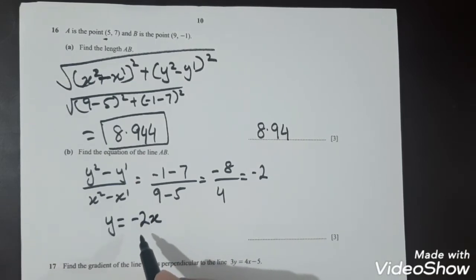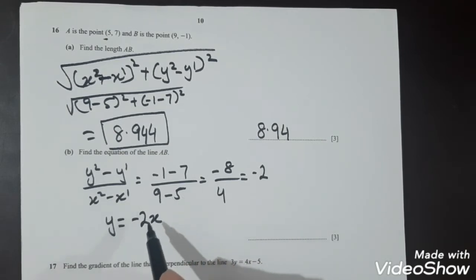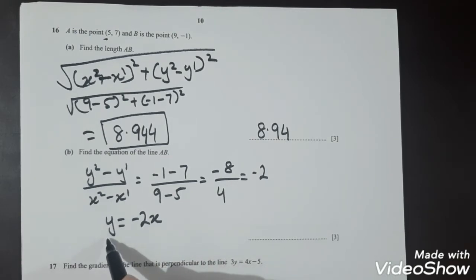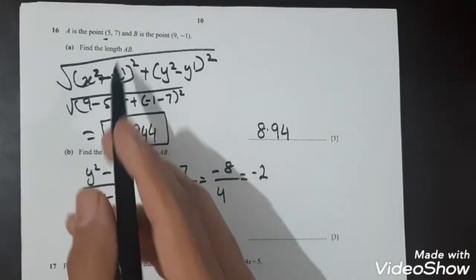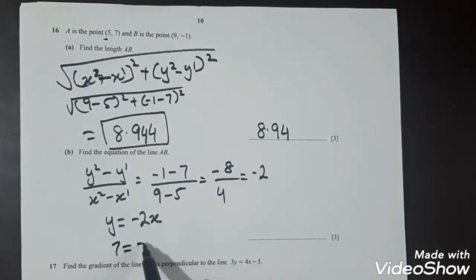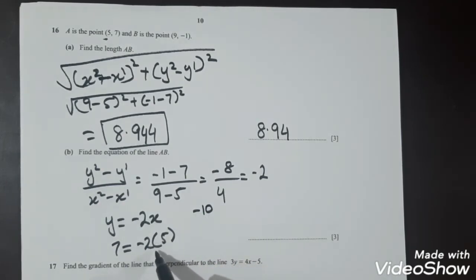Then to calculate the value of c, y is equal to mx plus c. So to calculate the value of c, for example x is 5, y is 7, so write 7 is equal to minus 2 multiplied by 5, which is minus 10. So we have to add some value to this minus 10 to get 7.